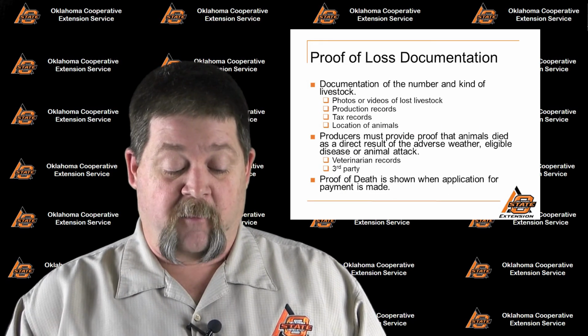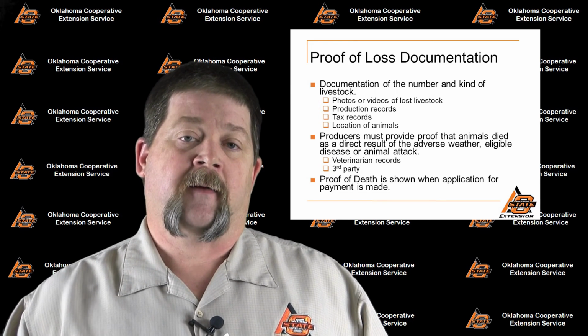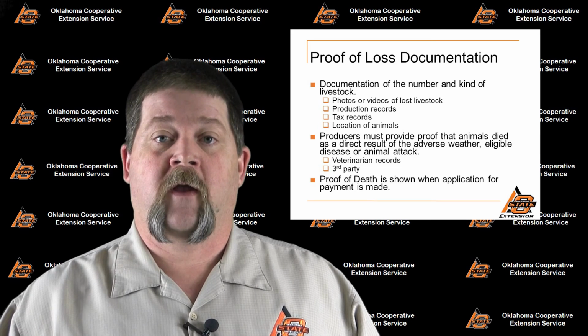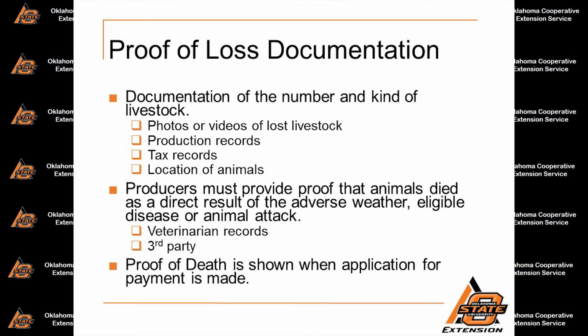Now, proof of loss documentation is not as simple as just walking into your FSA office and saying, I have lost these animals, and they're going to cut you a check. You're going to have to prove that whatever event you have claimed actually killed those animals. So you need documentation: photos or videos of the lost livestock, production records, tax records. The location of the animal is also going to be very important to make sure that it happened within the county that you're applying for.